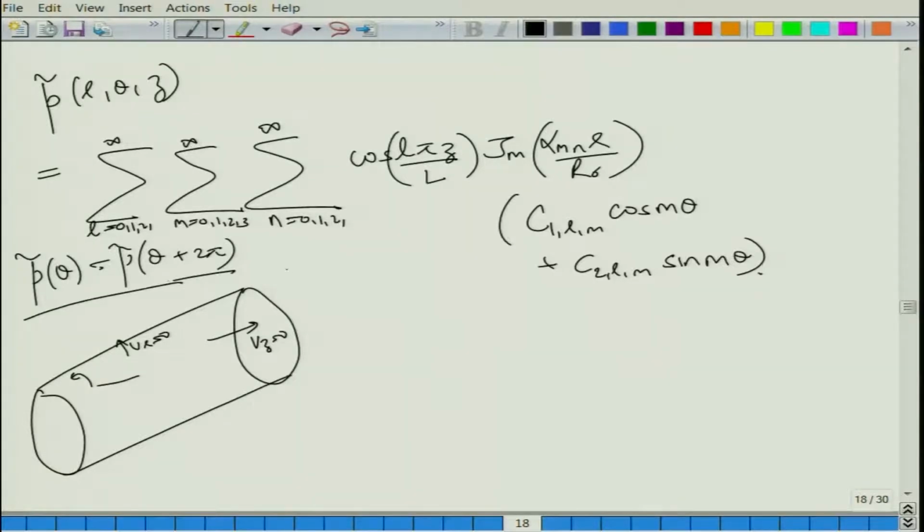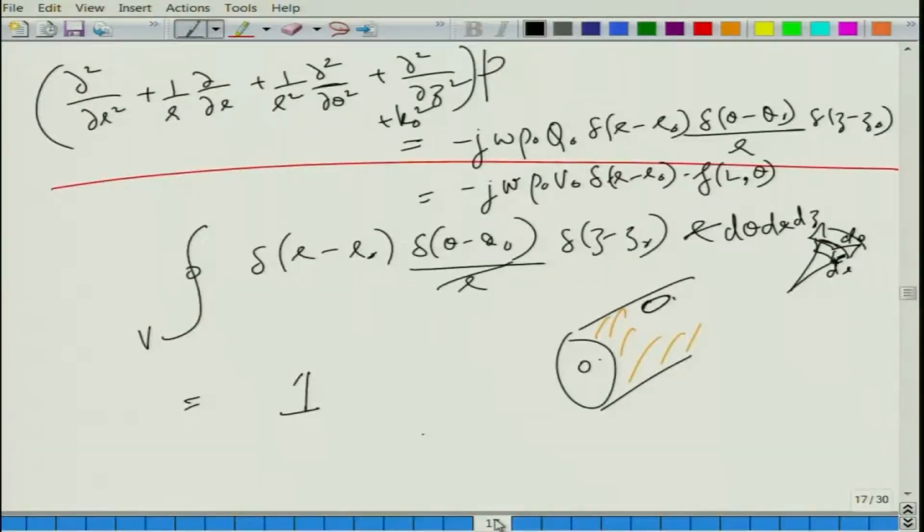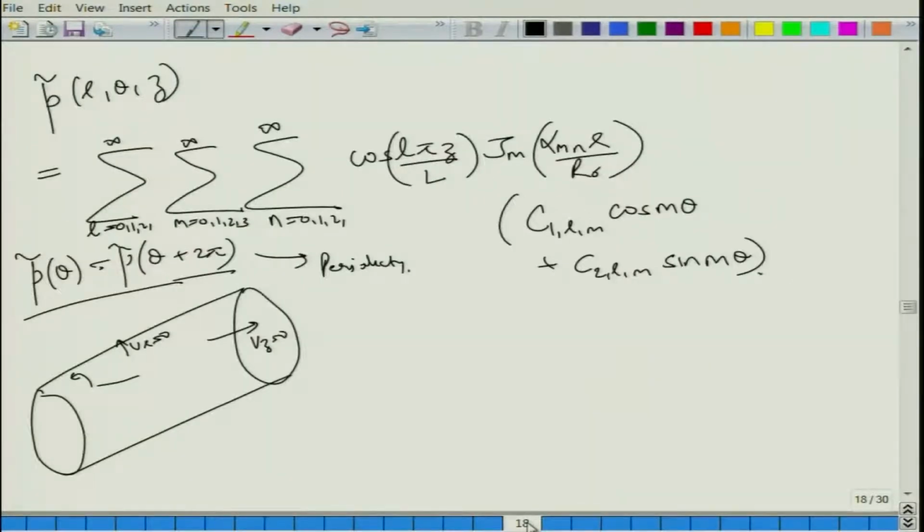As a result, when we do the variable separable form, which we discussed some time back, m is an integer value. So, the modes are like J m of alpha m n r by r naught, cos m theta or sin m theta, whatever you want to say. You can also write this as e to the j m theta.